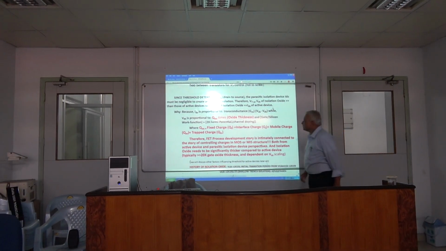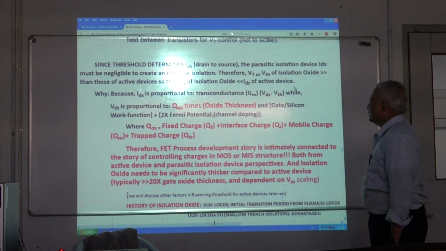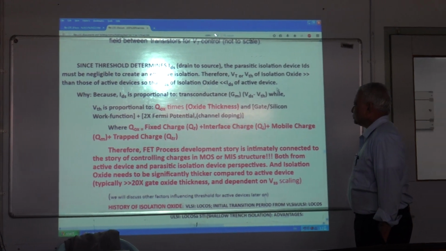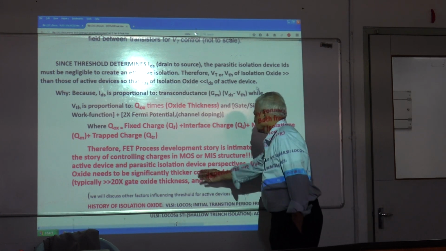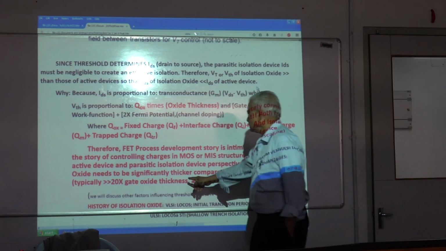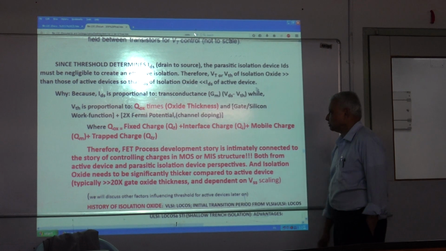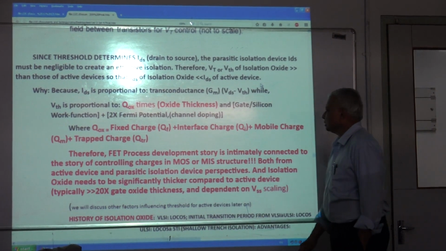Anyway, the story of controlling charges in MOS, there are all kinds of interesting stories, both from active and parasitic isolation device perspective. The isolation oxide needs to be significantly thicker, as we already mentioned, typically 20 times gate oxide thickness.